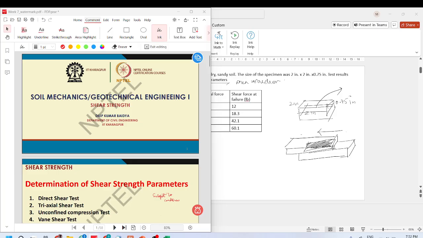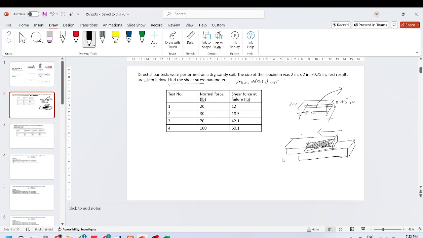Okay, I will cross check this, but I definitely studied this in one of the geotechnical manuals when I was doing this test.